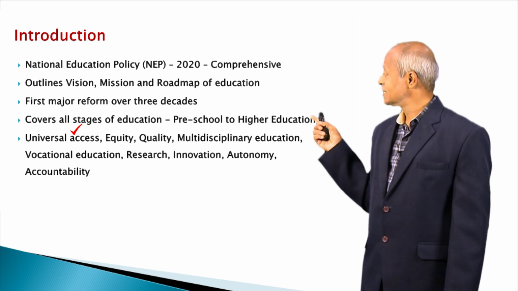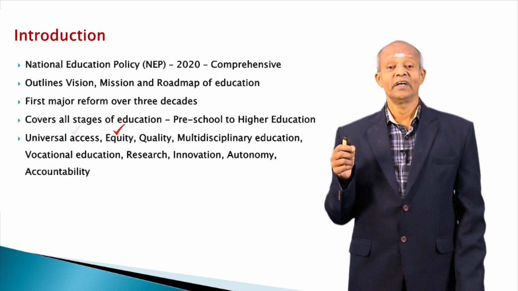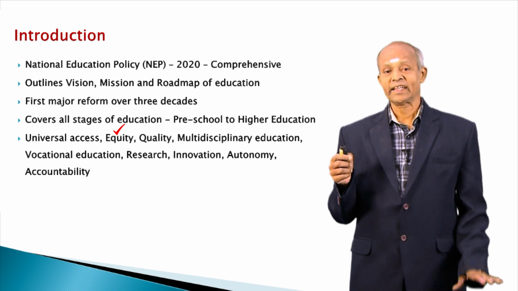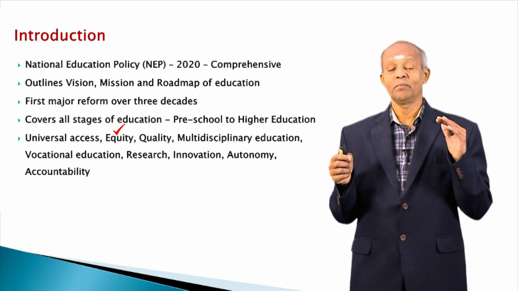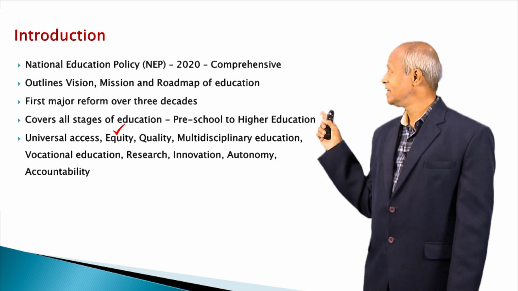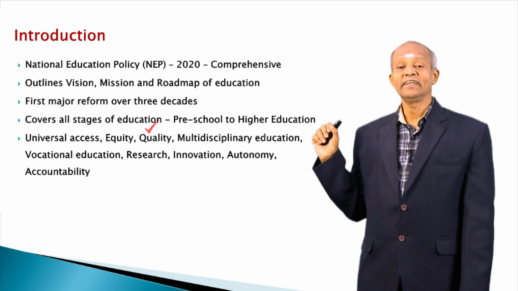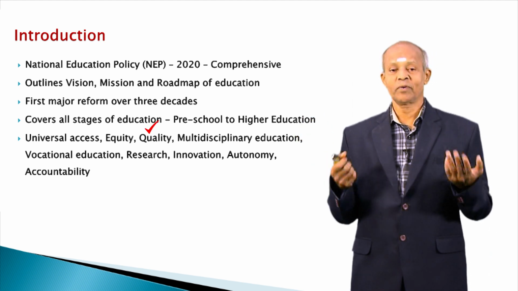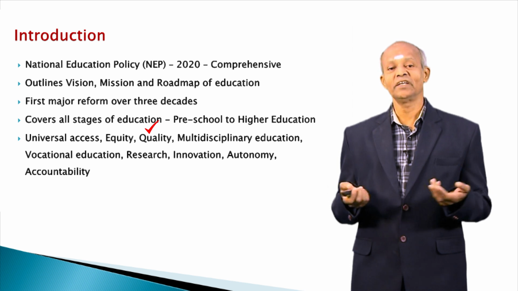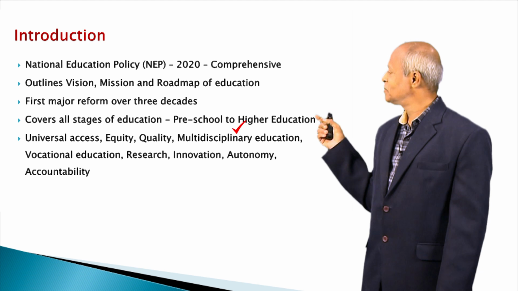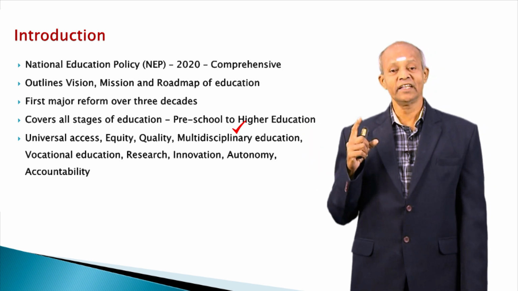Then equity, equal education, as per our constitution, equality is one of the basic tenets of the constitution. And quality, it should be of very high quality, otherwise you are providing education, but without any quality it has no meaning at all. And multidisciplinary education, not in a single discipline.